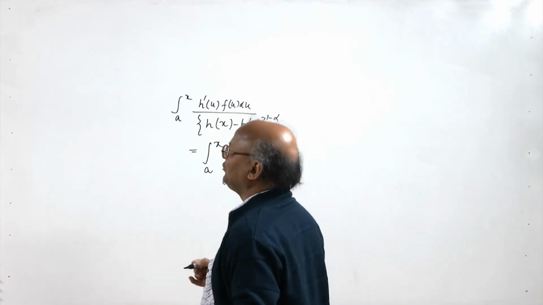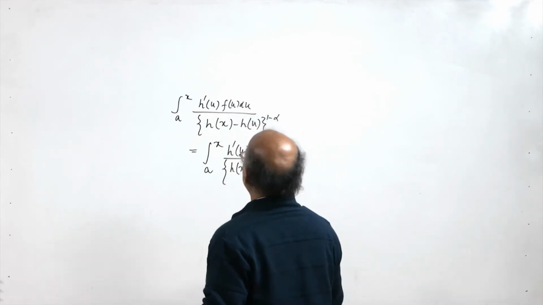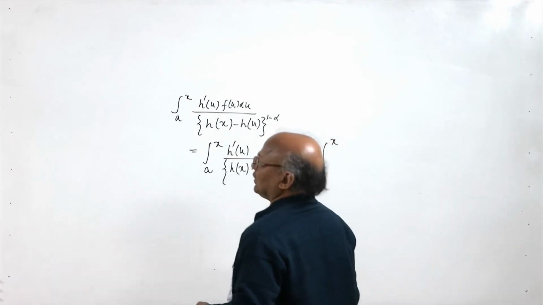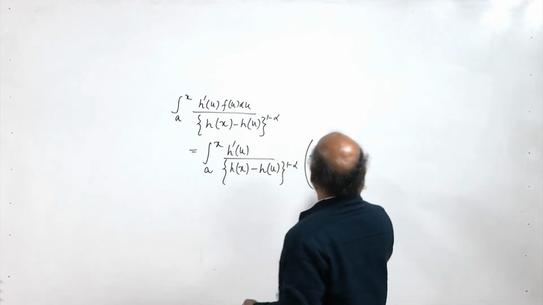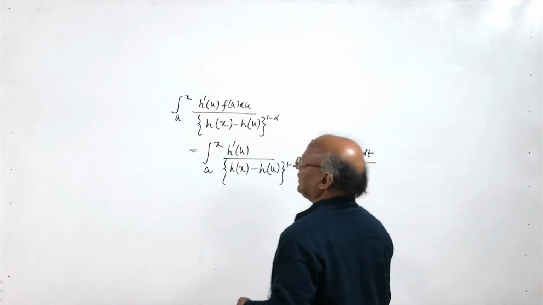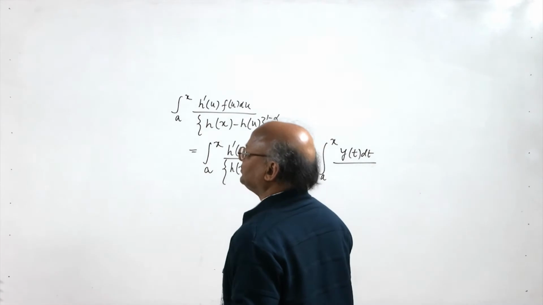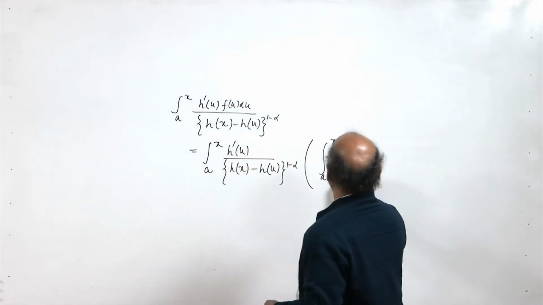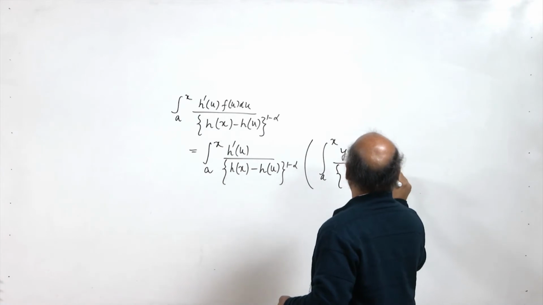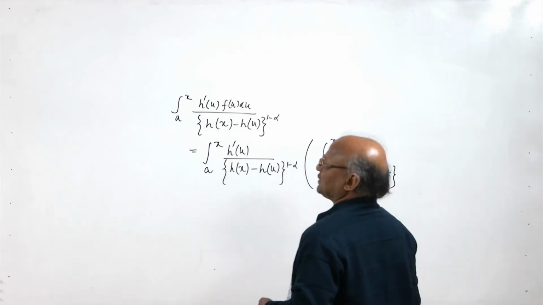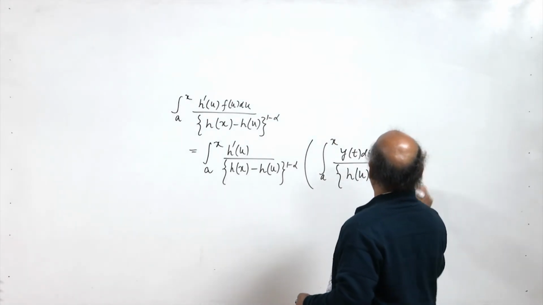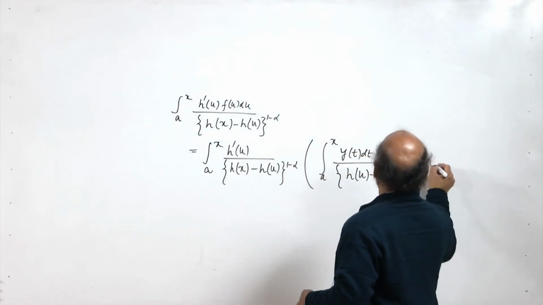the value of f(u) will be integral a to x φ(t) dt divided by (h(u) minus h(t)) raised to the power alpha, du.